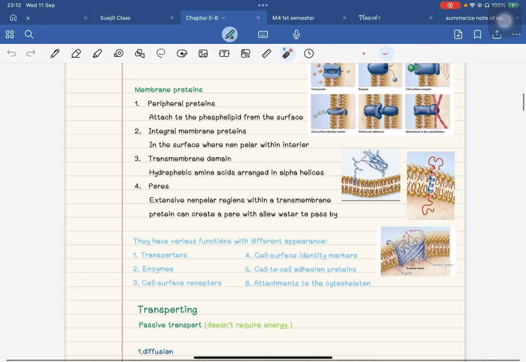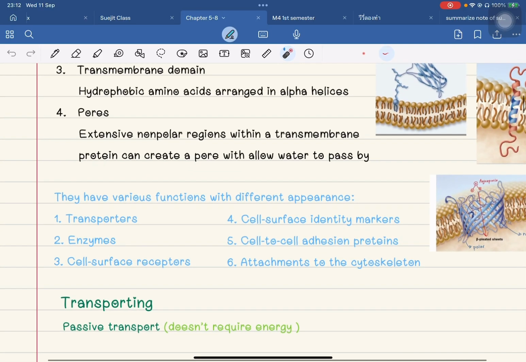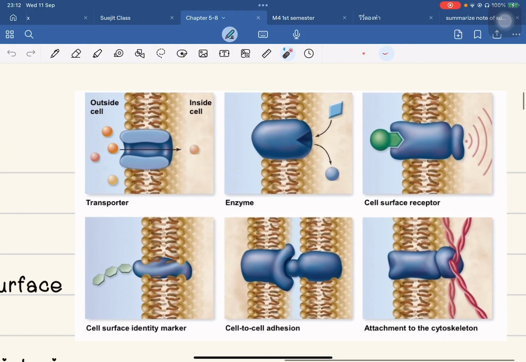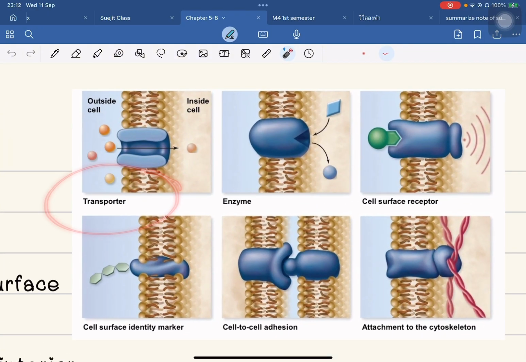So the membrane proteins have various functions, and those various functions come in different appearances. The first one is the transporter. We can look at this photo. The transporter is the one that will let molecules from outside into the cells. Next one is the enzyme, which I think is going to break those molecules to make them easier to use.